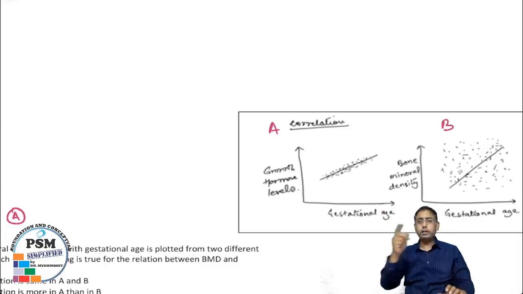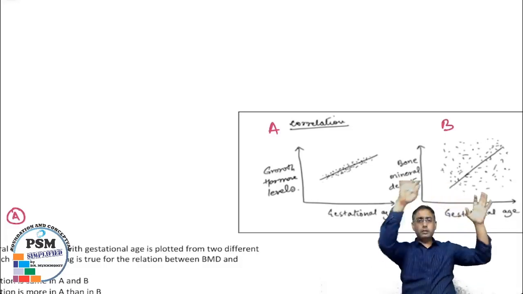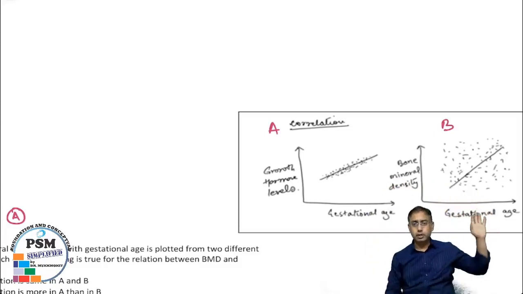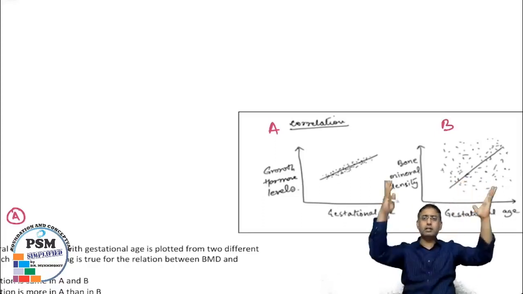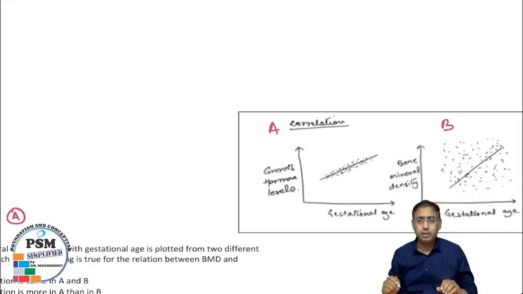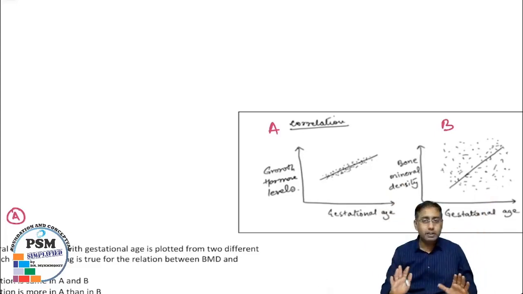But if you look at the other curve, the values are sparsely placed. Somewhere you'll have the values, somewhere on the other side. These are scattered values. They are not very nicely correlated. This type of correlation is non-significant.